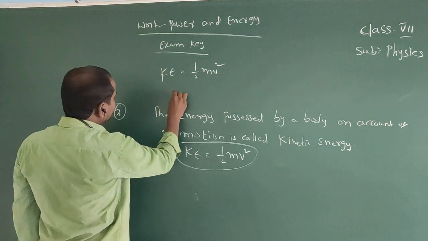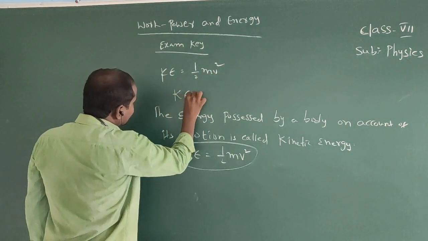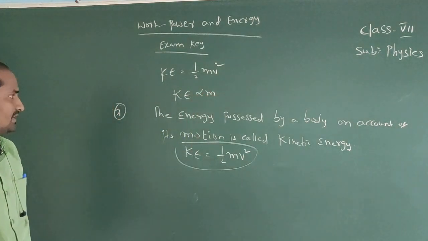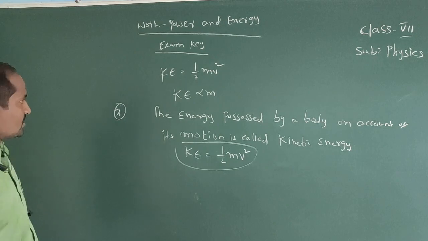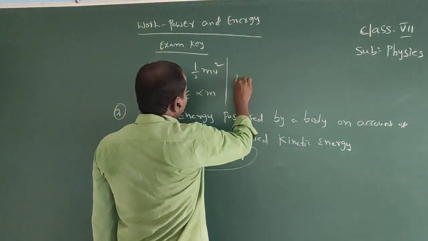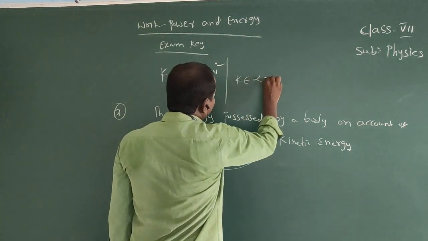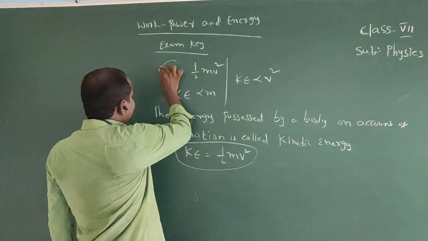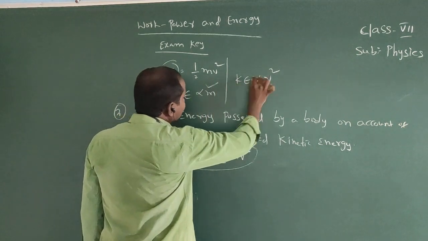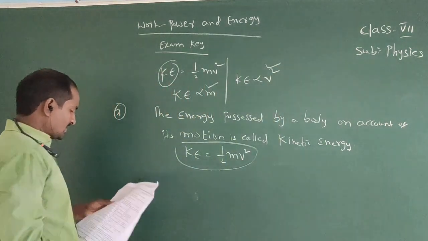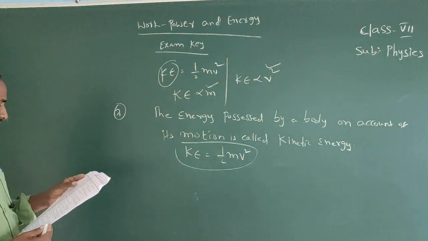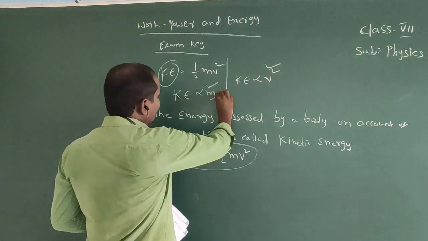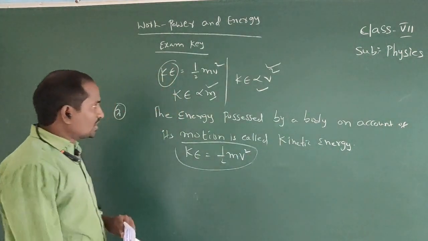From this relation, kinetic energy is directly proportional to mass m. At the same time, kinetic energy is directly proportional to v square. That means kinetic energy depends on mass and velocity. Okay, so kinetic energy is directly proportional to m, and kinetic energy is directly proportional to v square.